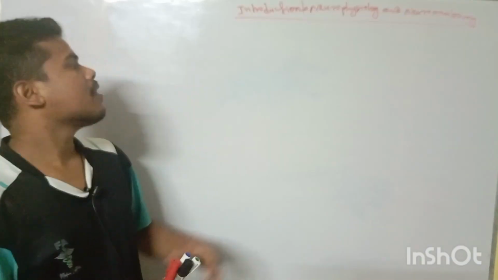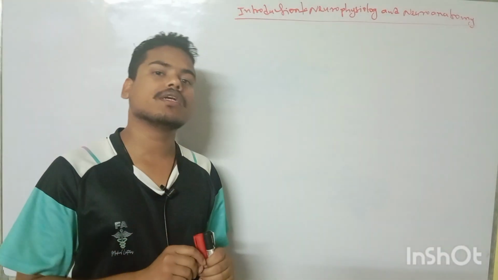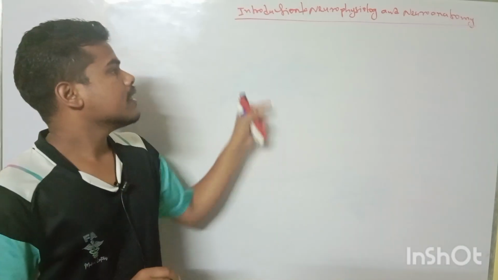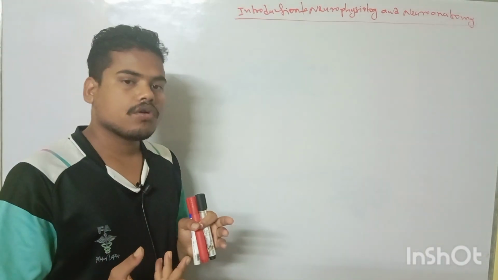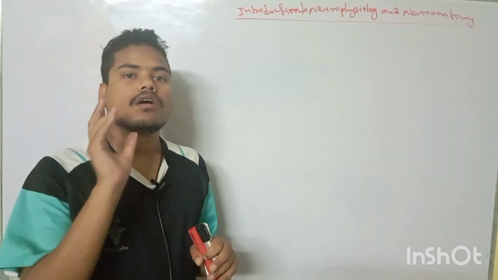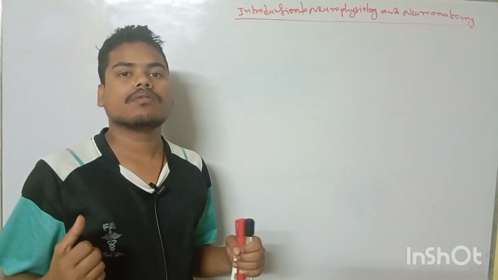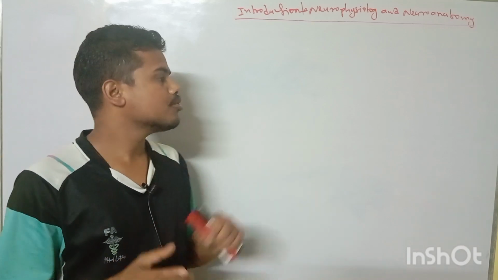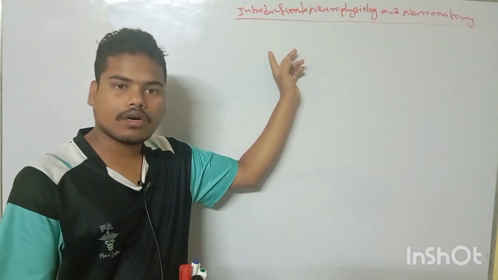In the same way, our nervous system is a control system of the body, especially the central nervous system. So information from all over the body should first be carried to the central nervous system.